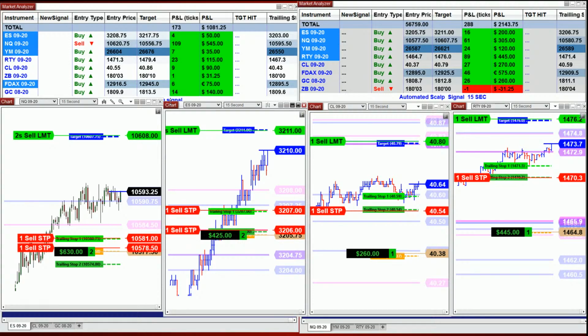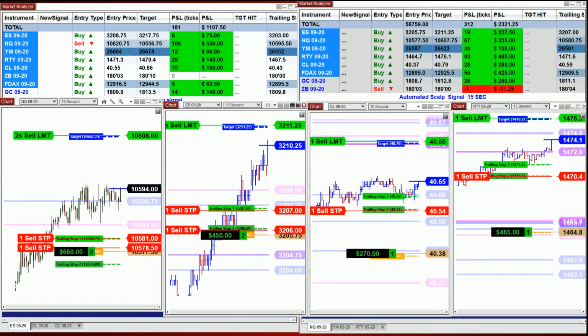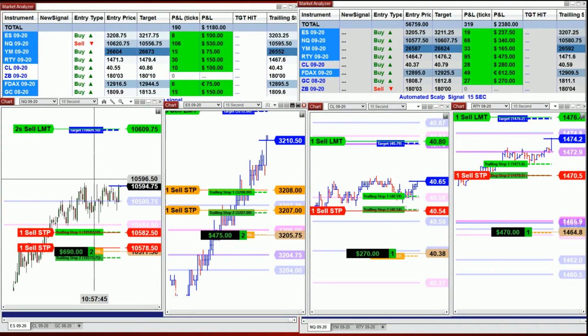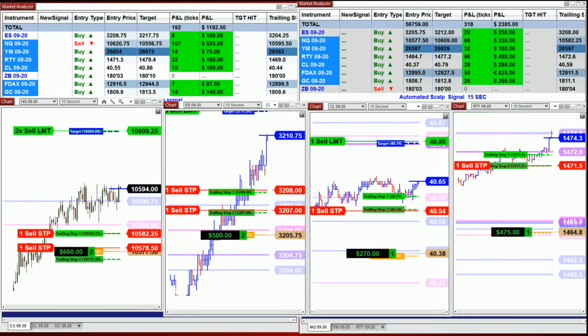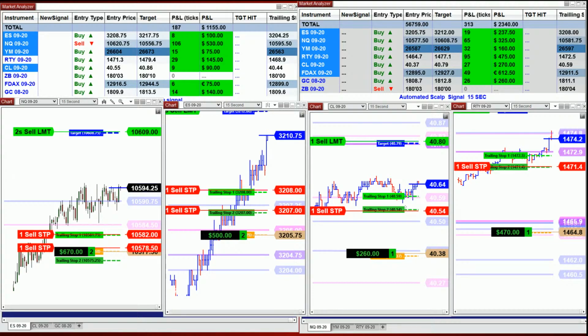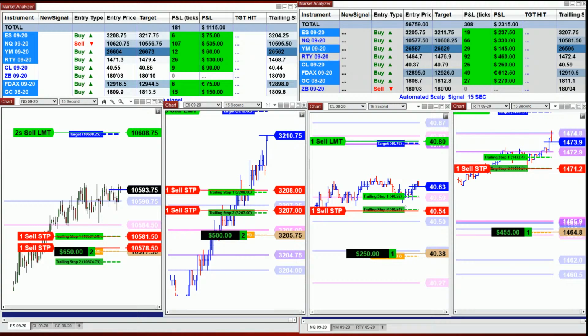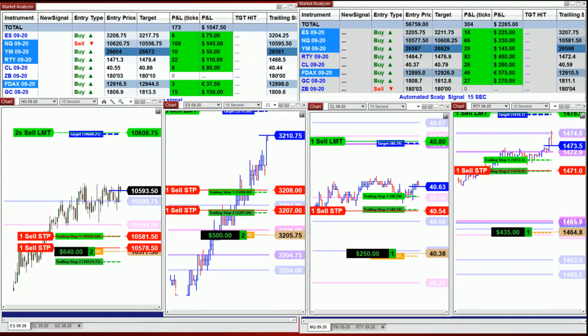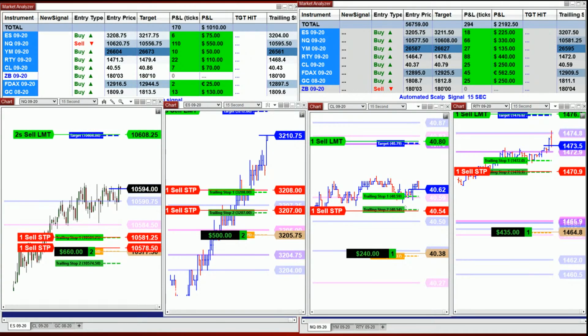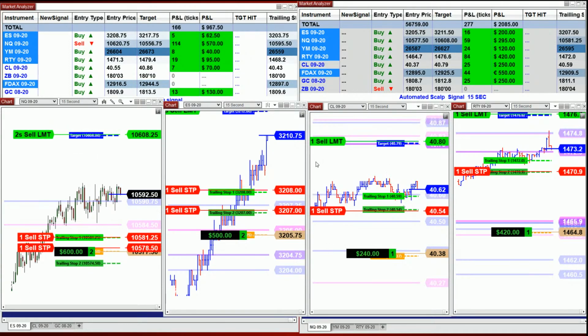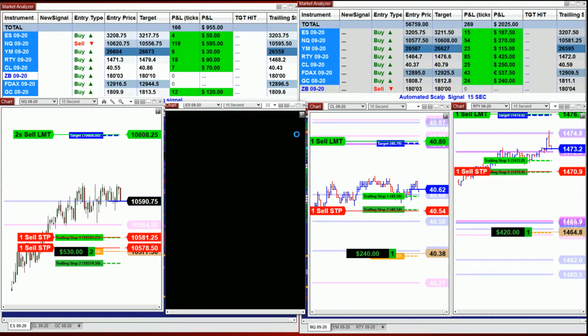But if you know how to read the ES, you can scalp the ES and you can swing trade the ES, if you understand your levels and understand when the ES gets stuck in the channels. Once you start learning the ES, you become a real futures trader.